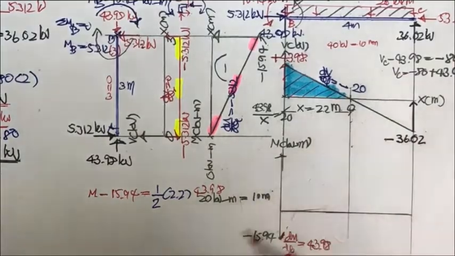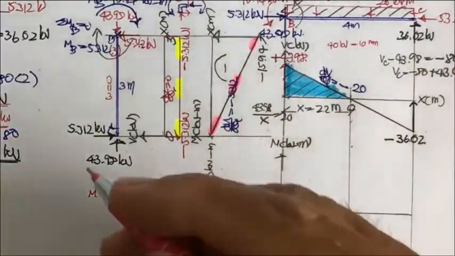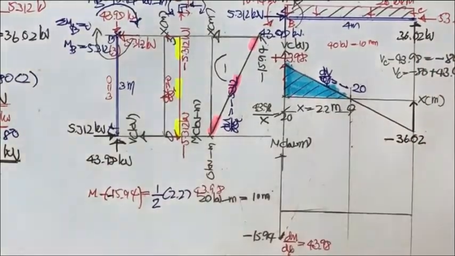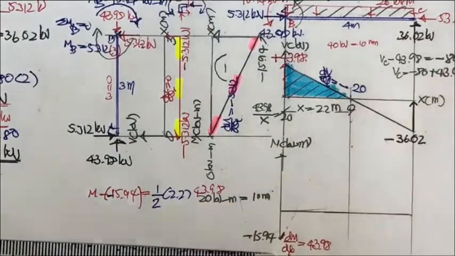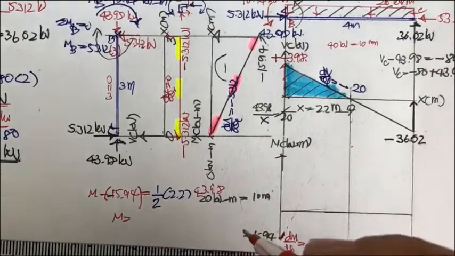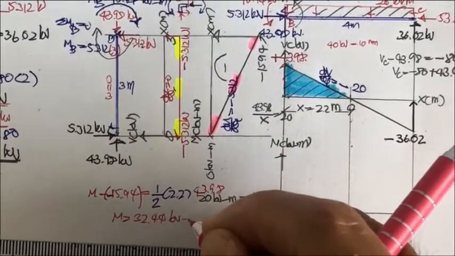M here, minus of the minus, this is minus, that's m here going to be this one minus this one, 32.44 kilonewton meter.